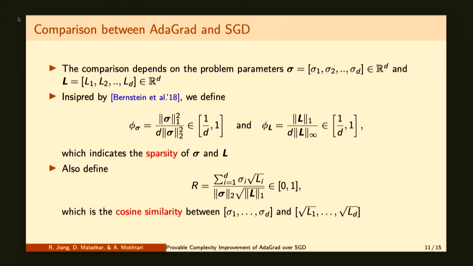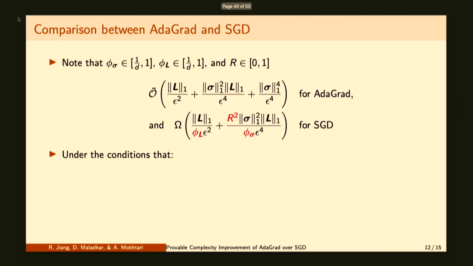I also introduce this parameter R, which measures some sort of cosine similarity between the sigma vector and L. Introducing them makes it easier for us to compare the two rates between SGD and Adagrad. If we look at the rates side by side, they look much more similar now, and we have this phi L and phi sigma and so on.